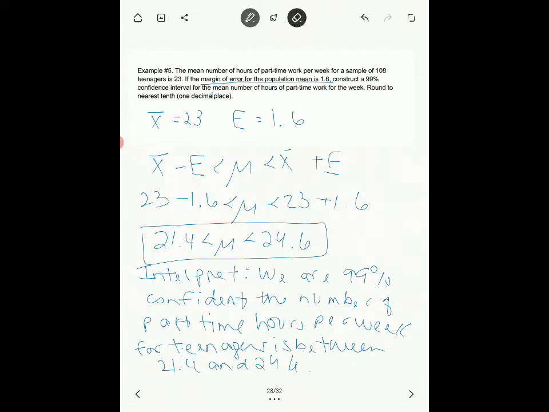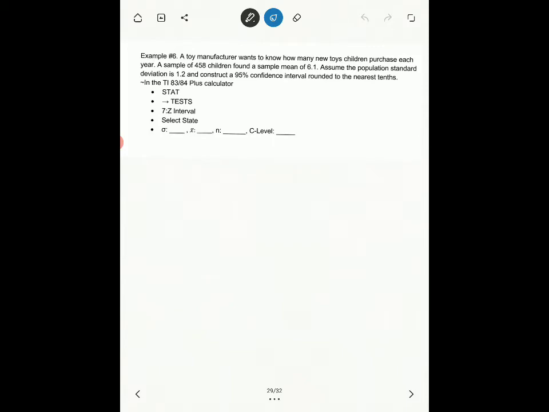So it's a good idea to know how to interpret your results. That's the whole reason why we're doing it.